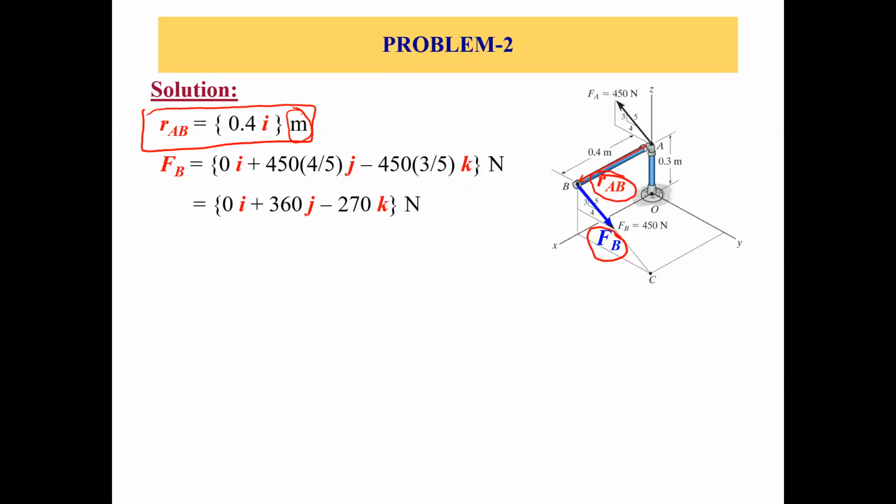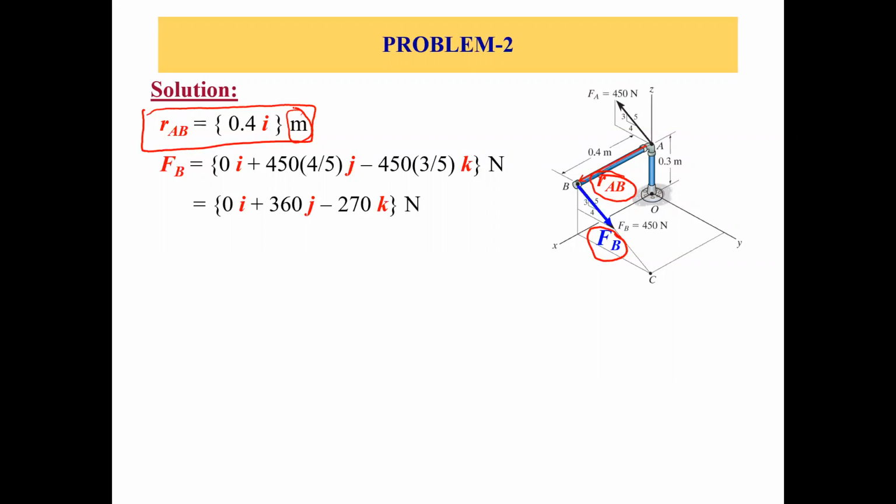Now we have the position vector. Now we want to find out the force vector. How do we find out the force vector? You know that. We'll take the components of this force FB and use ijk notations.